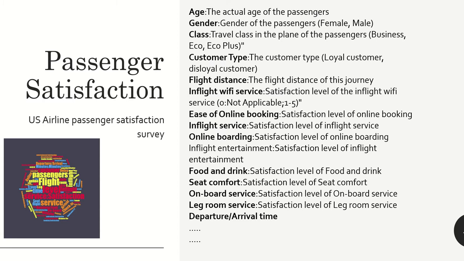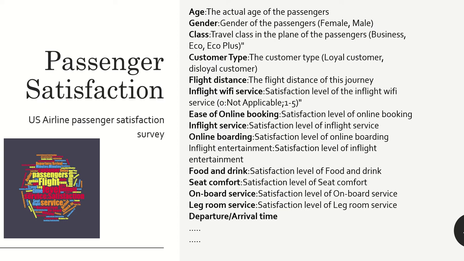In this data, we have different columns, including age, gender, class, customer type. So we have different columns that represent the characteristics of the passenger. Also, we have different columns that represent different services.